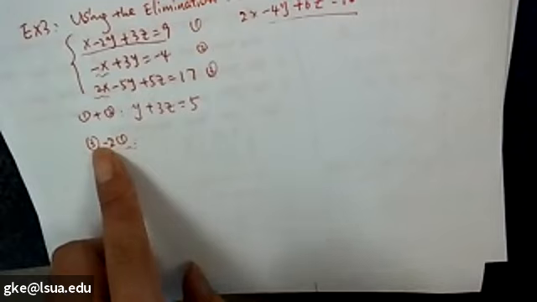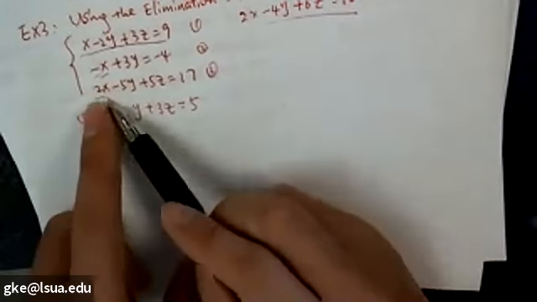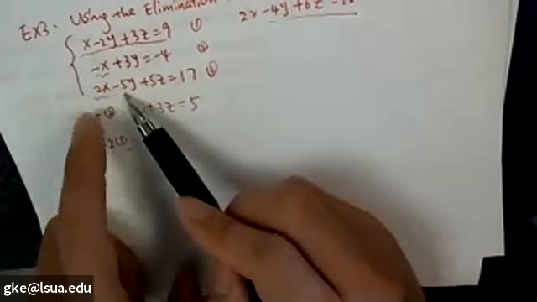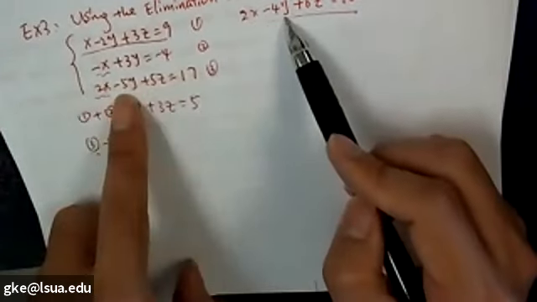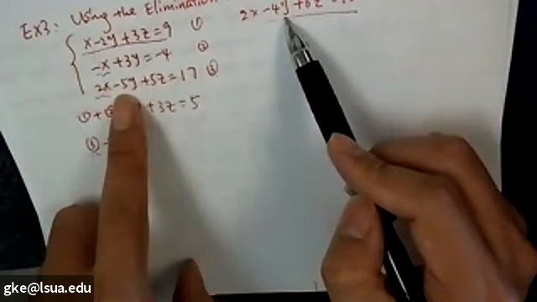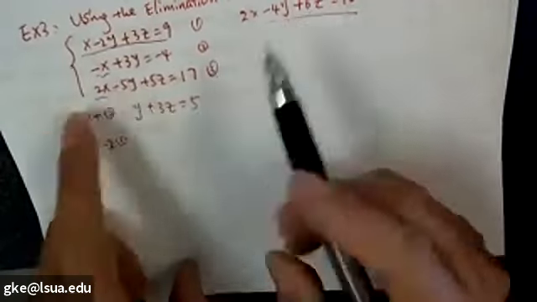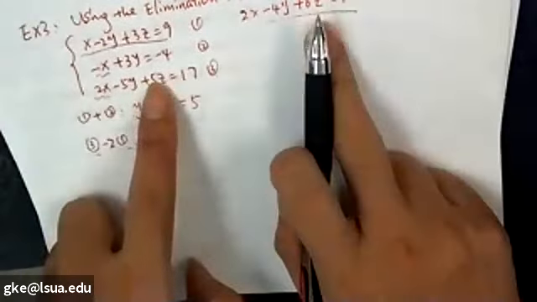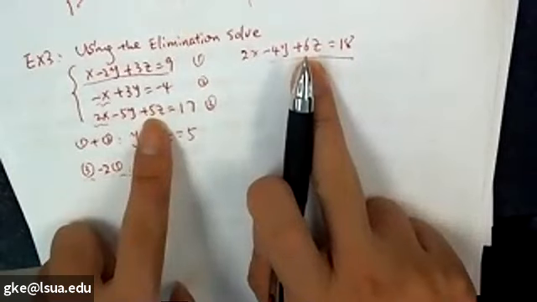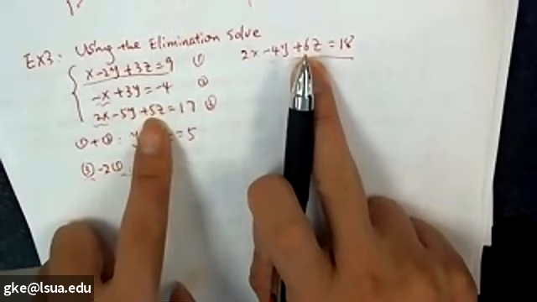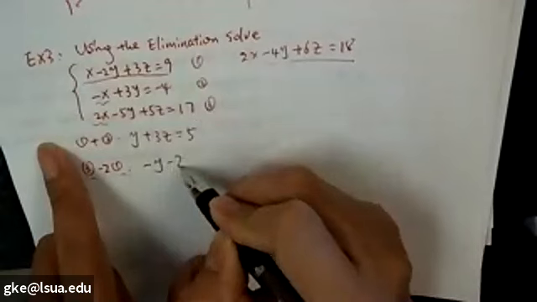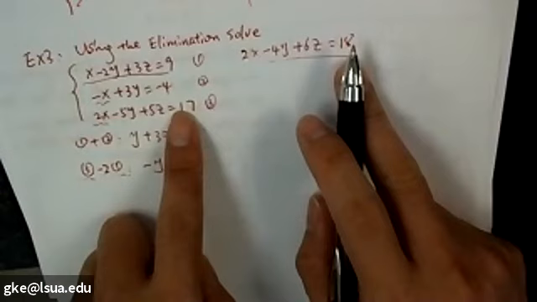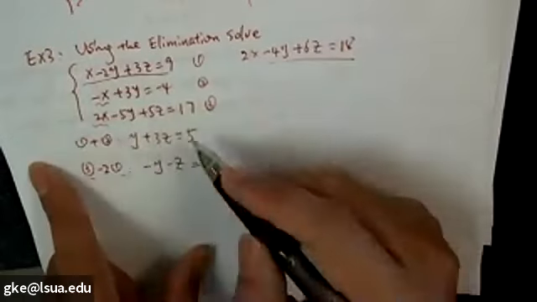Subtract this equation. So what are we gonna do? 2x subtract 2x gonna be 0. Negative 5y subtract negative 4y gonna be negative 5y plus 4y, negative y. 5z subtract 6z gonna be a negative z. 17 subtract 18 gonna be a negative 1.